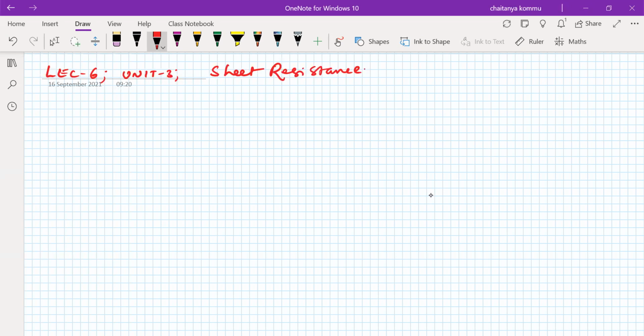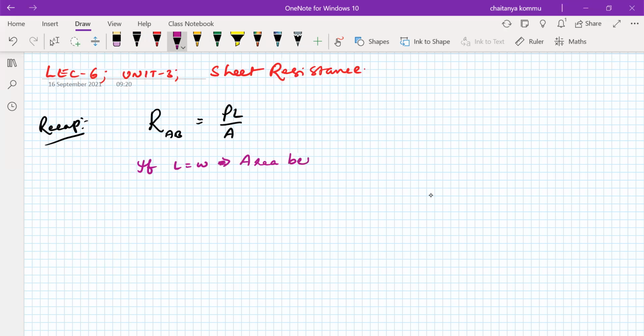Okay, so in the last class we have seen what sheet resistance is and how we calculated it. The resistance from A to B of any material is defined by rho L by A. If length is equal to width, the area becomes a square area.